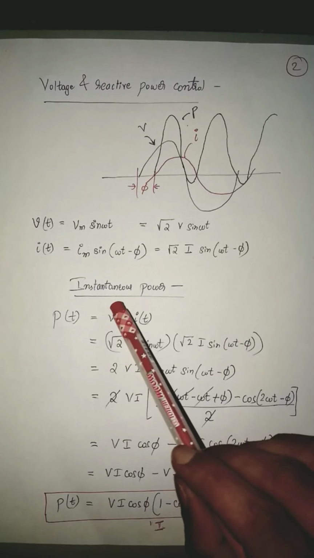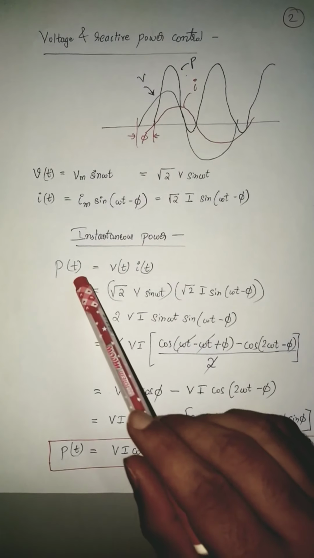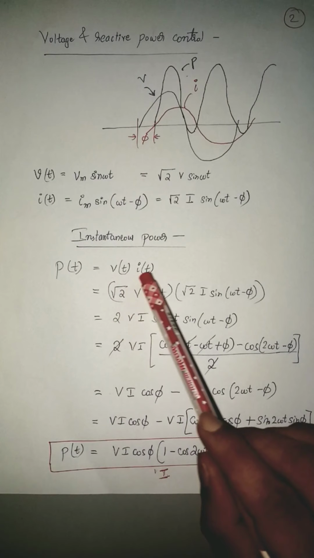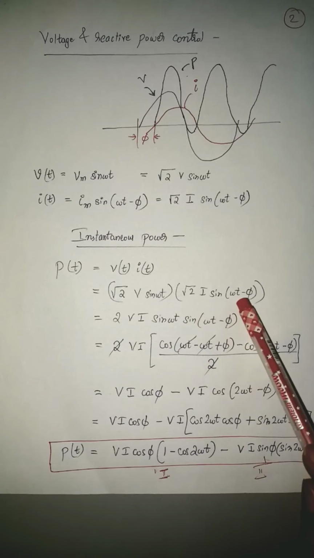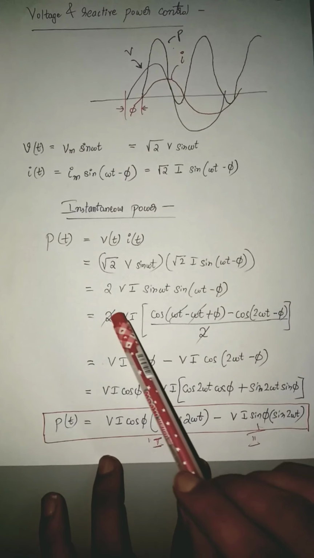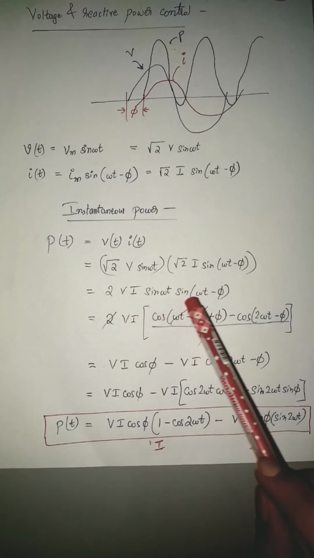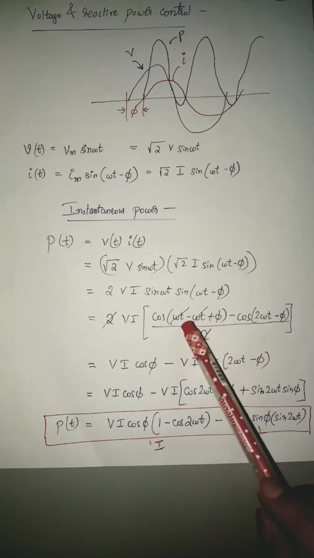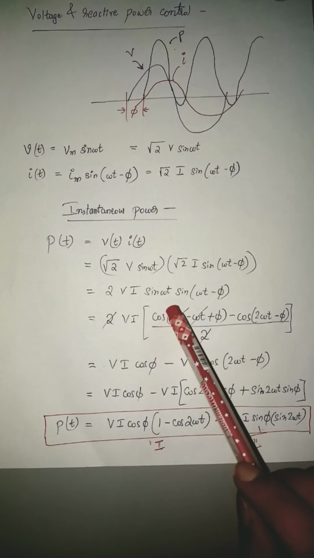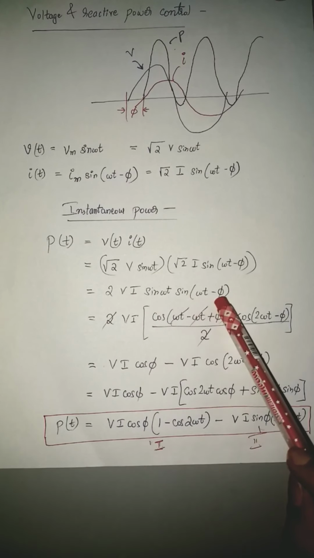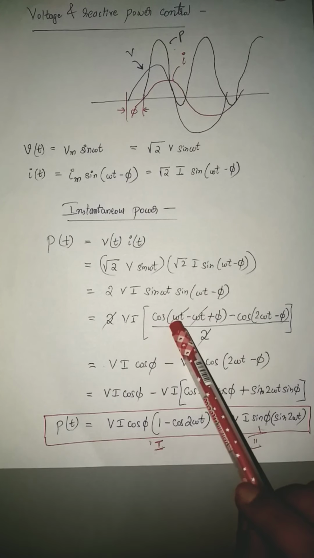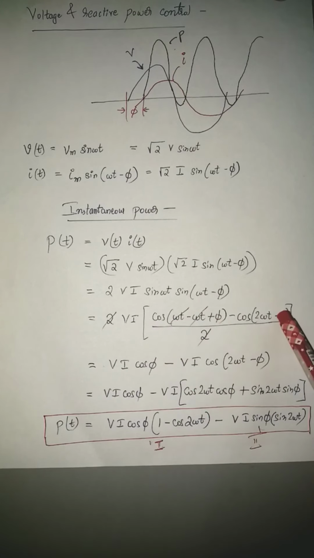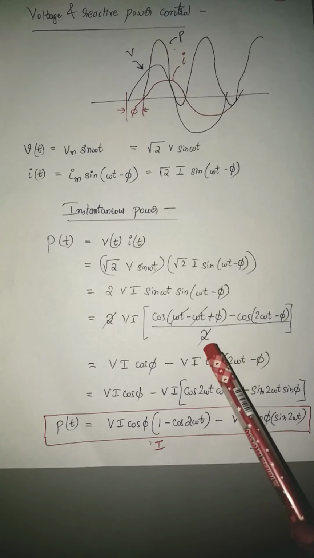Next we'll write the expression for instantaneous power p of t, which is given by product of v of t into i of t: root 2 V sin omega t into root 2 I sin of omega t minus phi. So if you multiply this, you'll be getting 2 VI sin omega t sin of omega t minus phi. And we are simplifying here. If you take sin A sin B, it is cos of A minus B minus cos of A plus B, divided by 2.